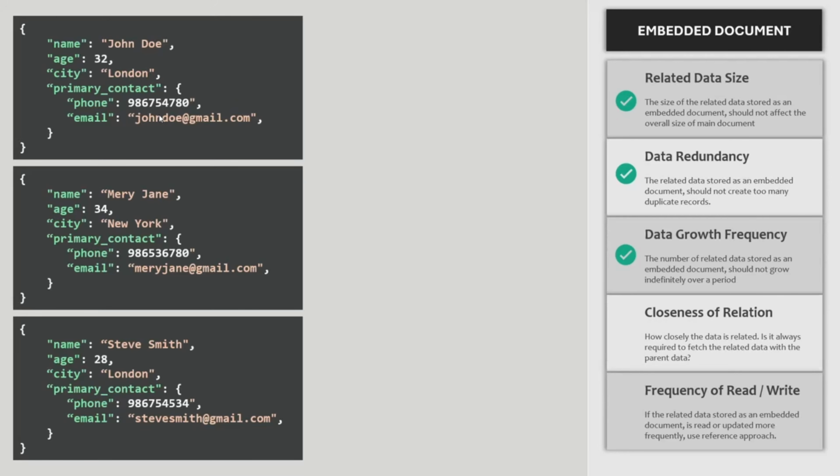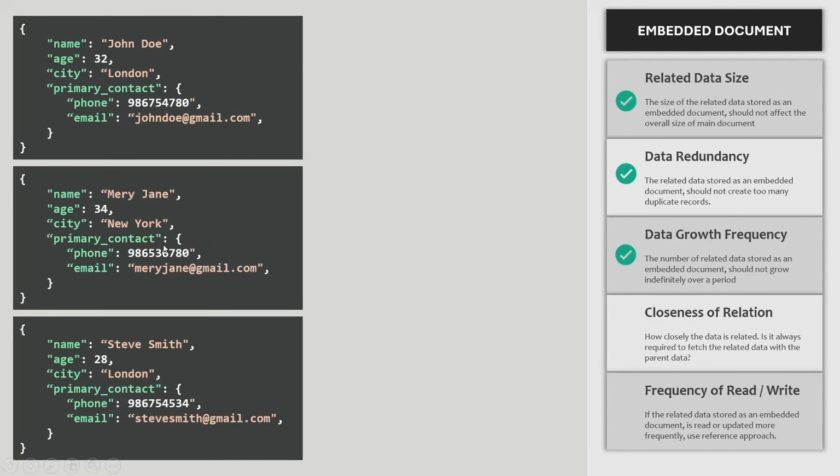And during the checkout, we might also want to fetch the customer's primary contact. So whenever we are going to fetch the customer detail, with that customer detail, we would also want to fetch the primary contact of the customer. So here, primary contact is very closely related to customer.